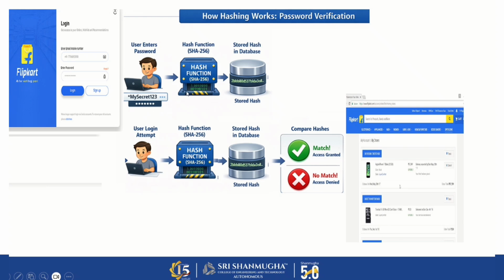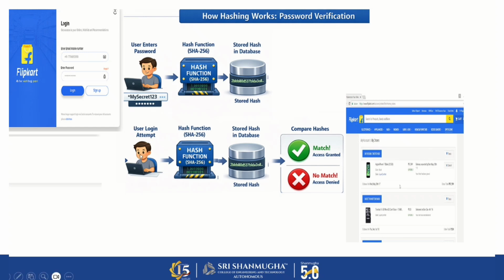There are a number of algorithms used in hashing functions; here we are going to consider SHA-256. SHA-256 will convert your password to a hashed value, and it is stored in your database. The database will have your hashed value instead of your original password.